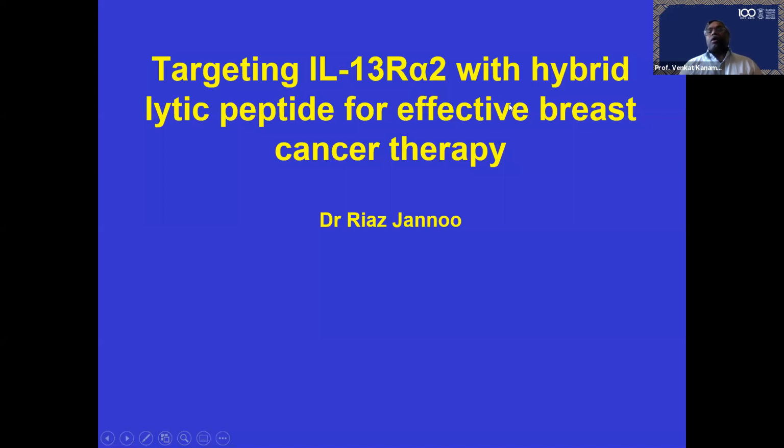So we thought, can we make a hybrid peptide which contains a small ligand that binds to IL-13 receptor alpha-2, and a lytic peptide known to lyse mammalian normal cells. So what we have done is create a hybrid peptide and tested whether it specifically targets breast cancer.